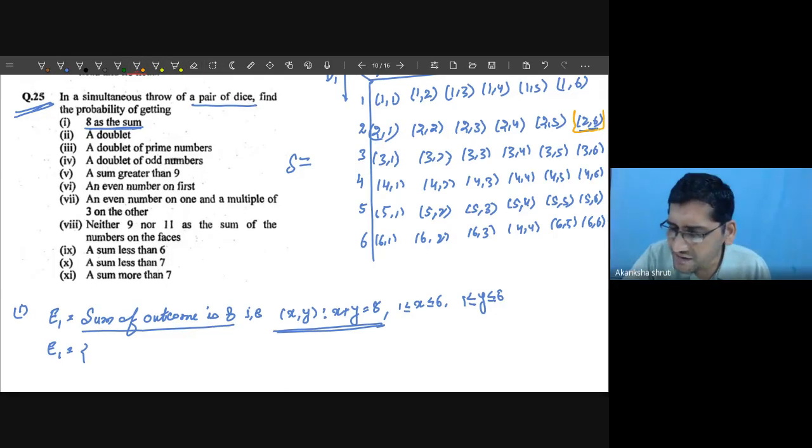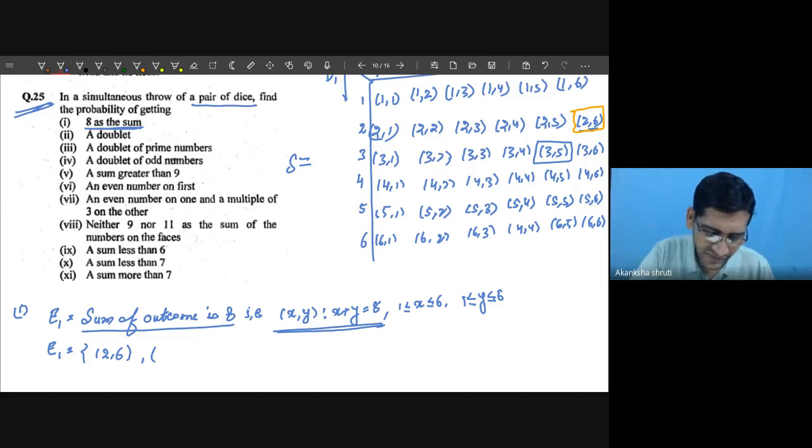So 2 and 6 can be written as one of the pairs. Many a time it is asked to write down the event rather than just calculating the probability. The second one: the first can be 3 and the second can be 5, and 5 and 3 also make 8. This is the other possibility.